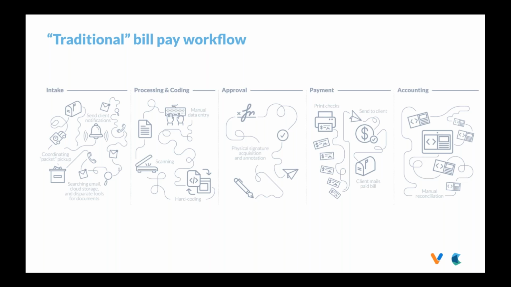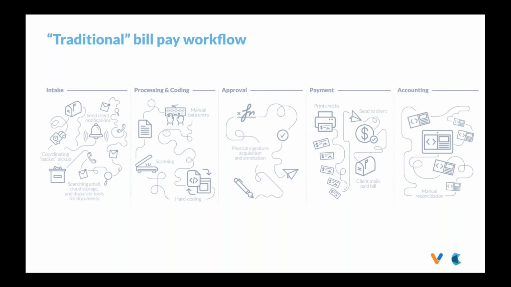And then when you're actually starting to issue the payments, you might be in a situation in which you're printing out checks, getting the signature from the account holder, sending it off by mail. And then once you got confirmation that the bill has been paid, manually reconciling that in your accounting software. This workflow can and should be automated utilizing tools like Hubdoc for document collection and data entry, and Veem for efficient bill pay.